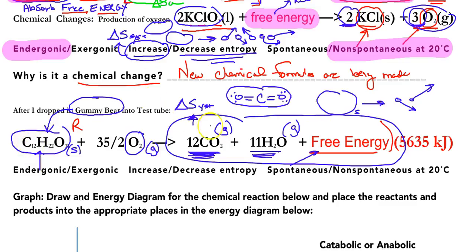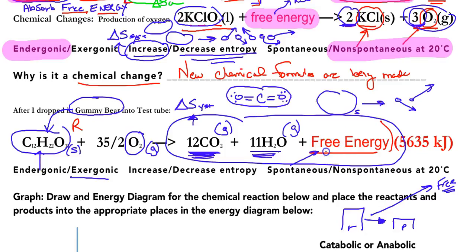Okay, now for those that are not getting that, if it's exergonic and we're releasing free energy, that means that the reactant's free energy becomes the product's free energy. It drops. Why? Because we're releasing the free energy, and that free energy could do some work, or it can be just dissipated into the environment where it can never be reused again.